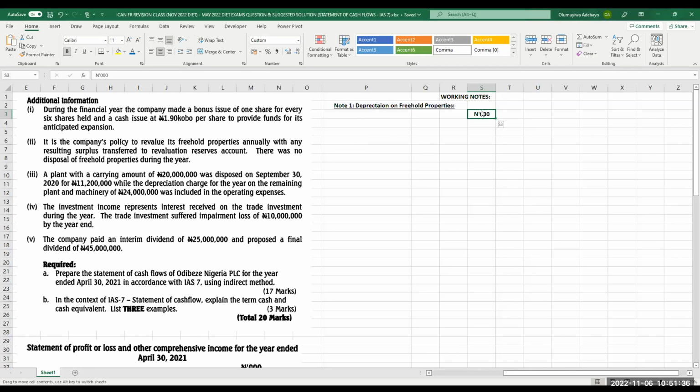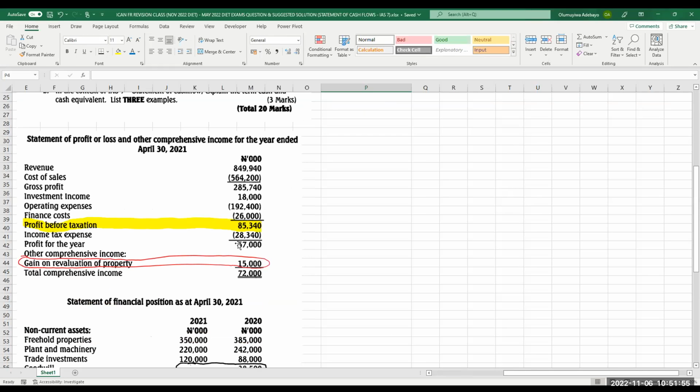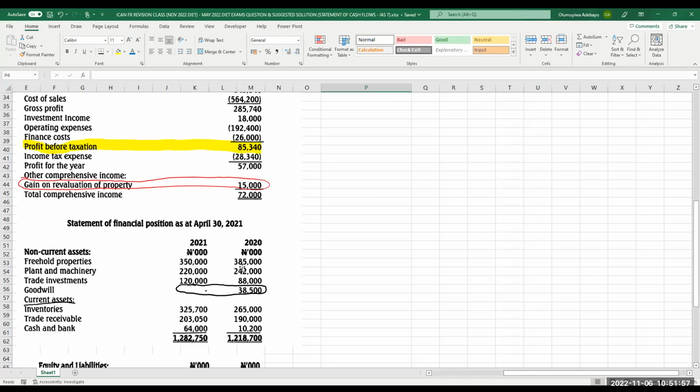We have balance brought forward. And what's our balance brought forward? If you come back here, it is 385,000. Remember, this is 2020, this is 2021.